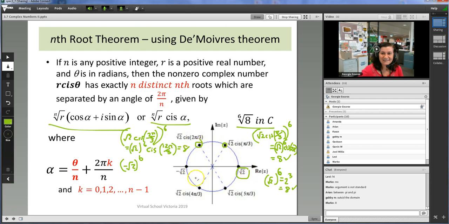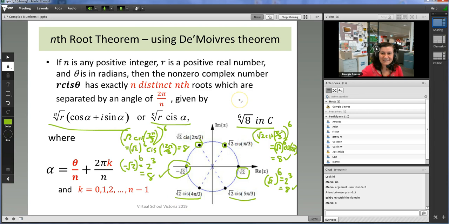It's 4 pi going around, 4 pi takes us back to the original position if we express that as an argument. Okay, what about this one? Negative root 2, that's going to be the same as 2 to the power of 3 as well, which is 8. We're all happy? And I'll leave you to work these ones out for yourself.